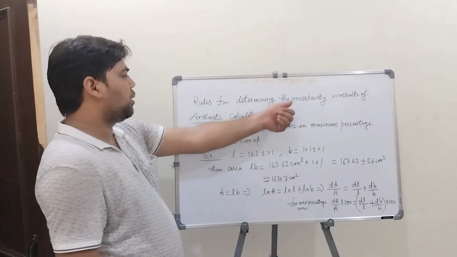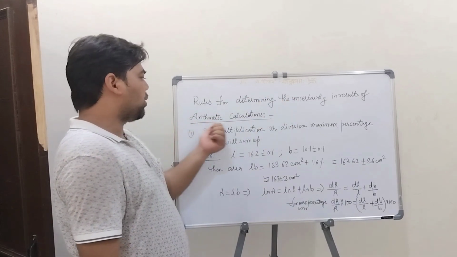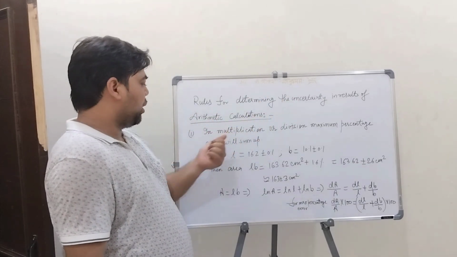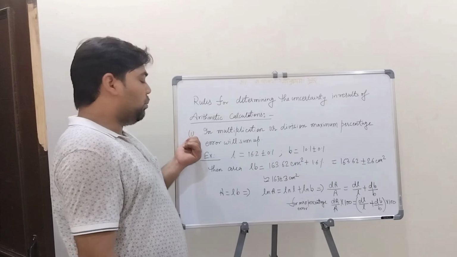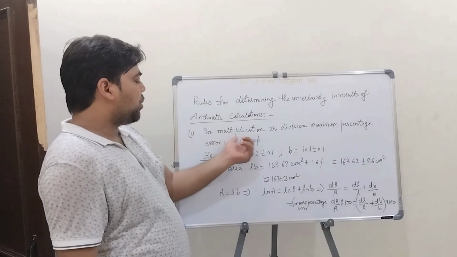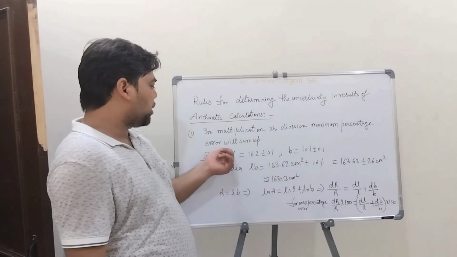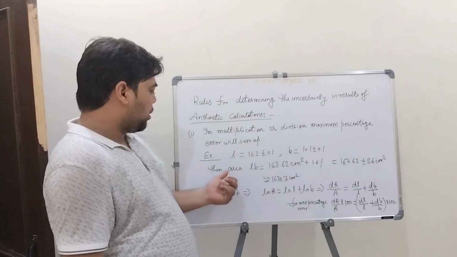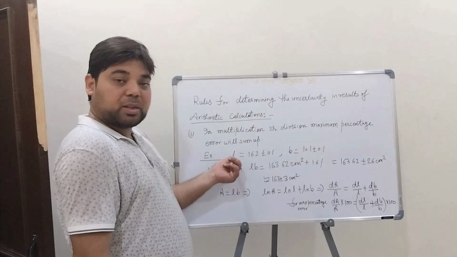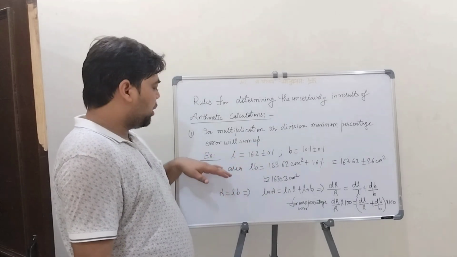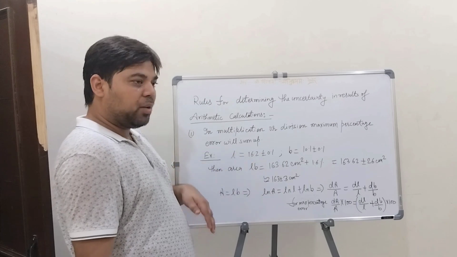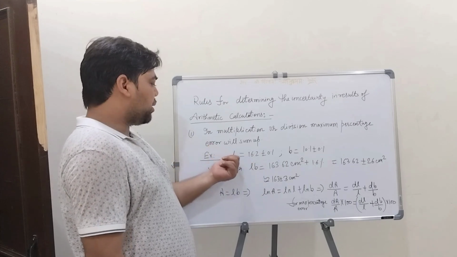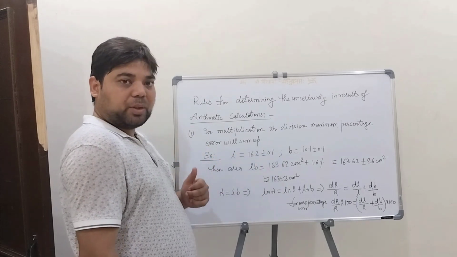So, rules for determining the uncertainty in results of arithmetic calculations. Let us discuss the first rule. In multiplication or division, maximum percentage error will sum up. Let's take an example to understand this statement. The area of a rectangle is defined as the length multiplied by the breadth.